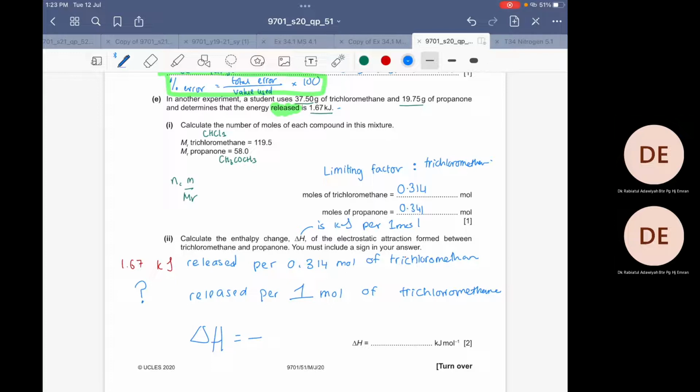The answer should be 5.32 kilojoules per mole. You don't need to convert, don't need to divide by 1000 because it's already in kilojoules. If the energy released is in joules, then you have to divide it by 1000. You know how to work this out? You just do the ratio.